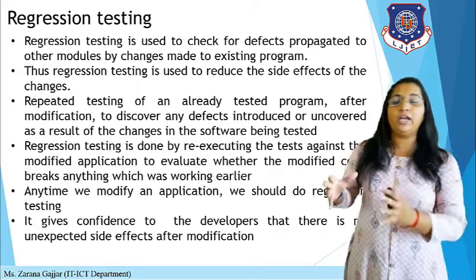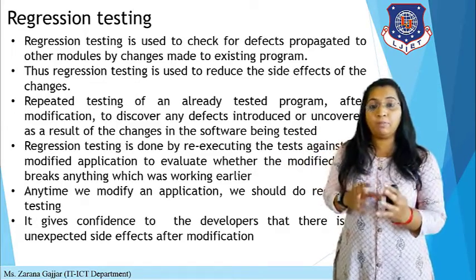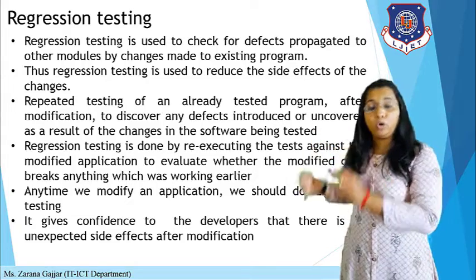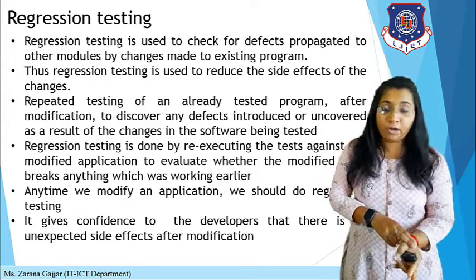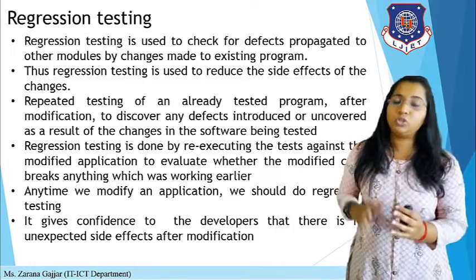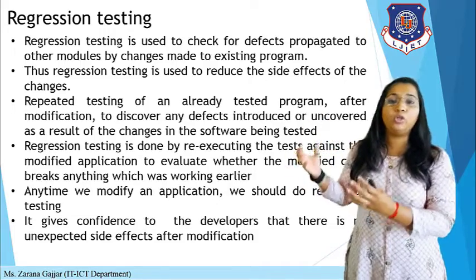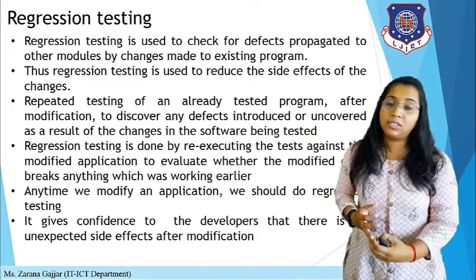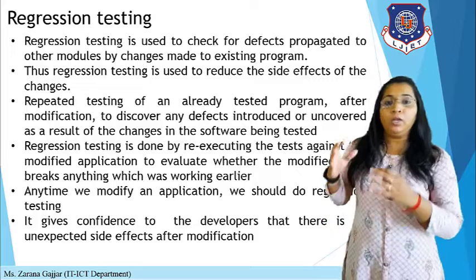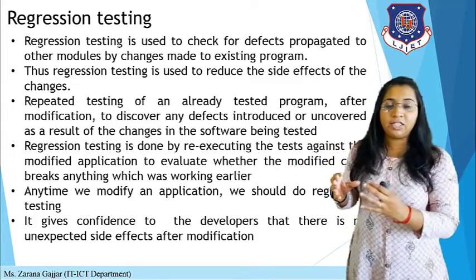Okay, so if you have connected two modules like module A and B, and the customer demands a change in module A, it will automatically reflect in module B. Okay, so regression testing is used to check the defects propagated to other modules by changes made to the existing program. Okay, so if you have changed module A, then you will do regression testing.